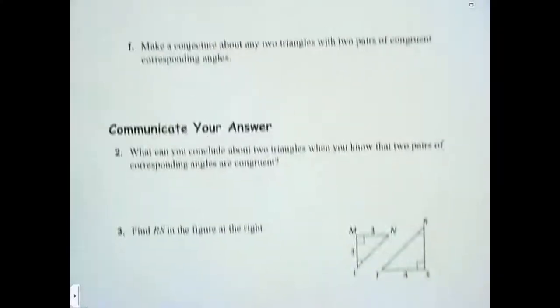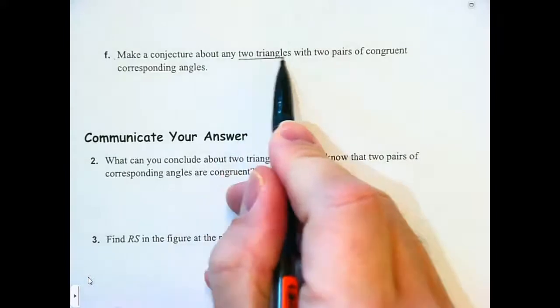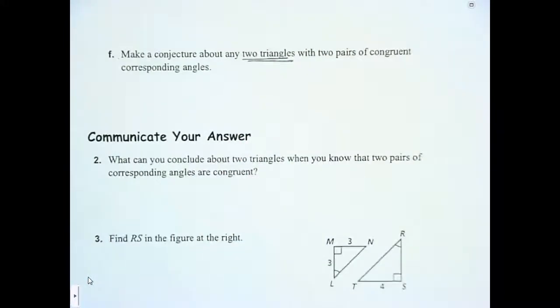How about letter F? Make a conjecture about any two triangles with two pairs of congruent corresponding angles. So you guys go ahead and figure out what you can conclude from that. Okay, so what could you conclude about the triangles then? Not that they're congruent. They're similar.